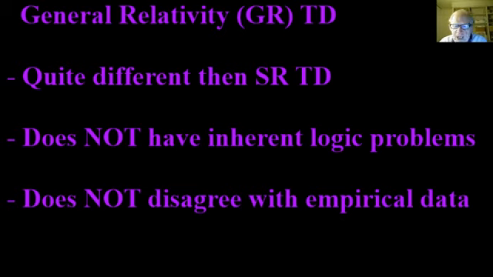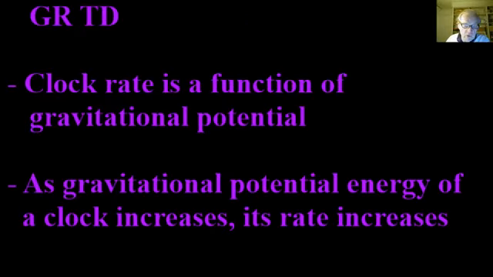General relativity's time dilation does not have any inherent logic problems. In addition, general relativity's time dilation does not disagree with the empirical data. So this is very different than special relativity time dilation as well. So we have no problems with general relativity's time dilation.